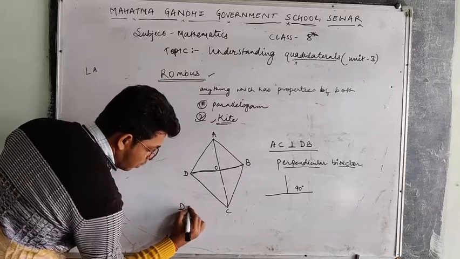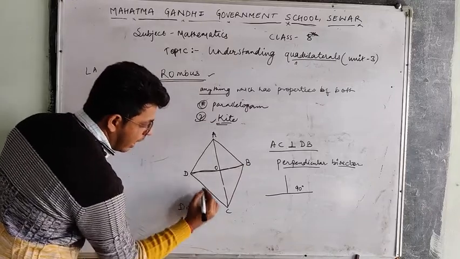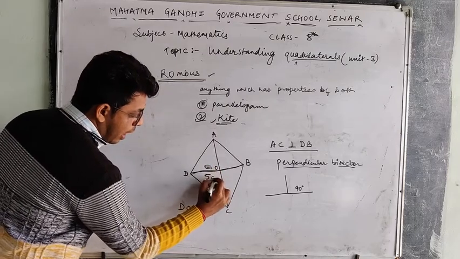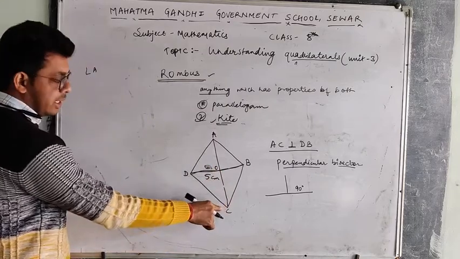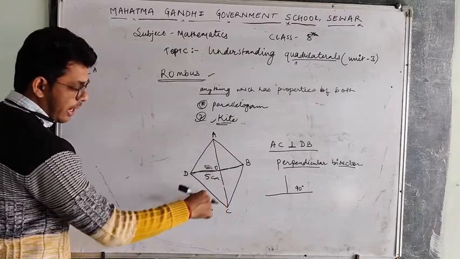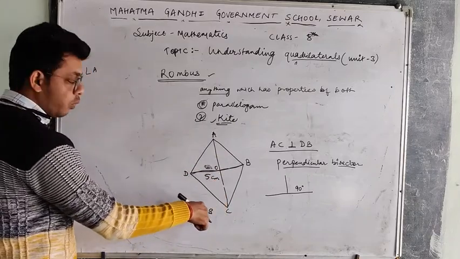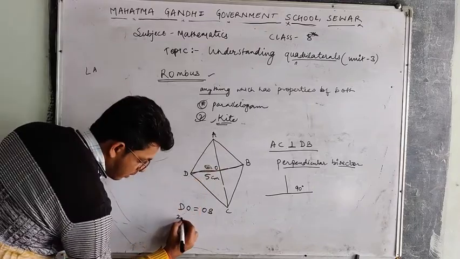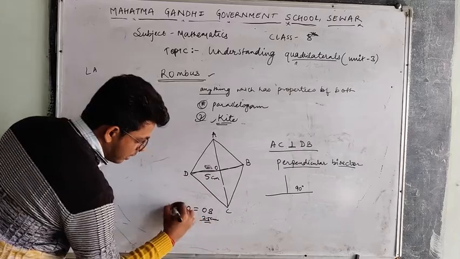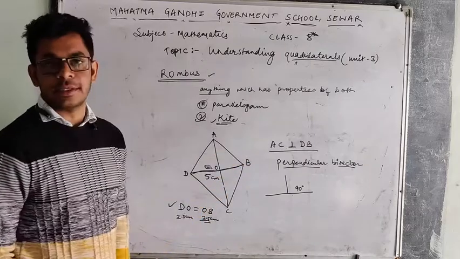It means DO equals OB. If I write DB as 5 centimeters, then after the perpendicular bisector, it will divide it into DO and OB, which are equal: 2.5 centimeters and 2.5 centimeters. This is called perpendicular bisectors.